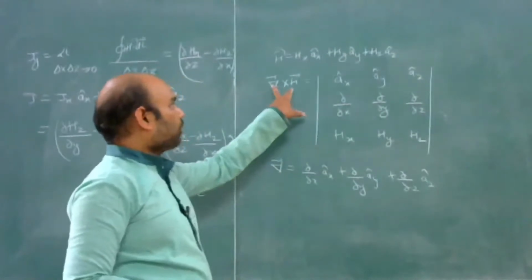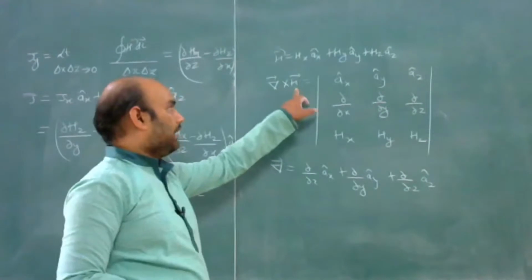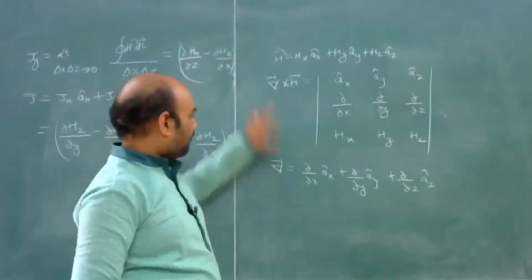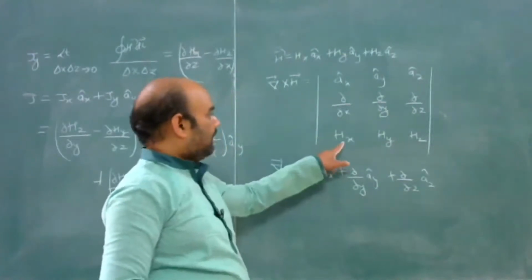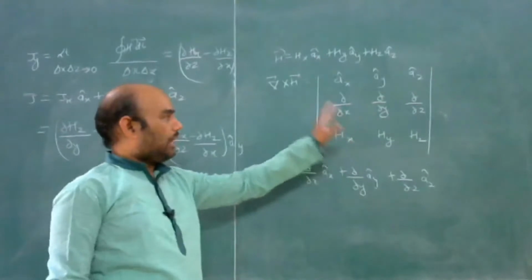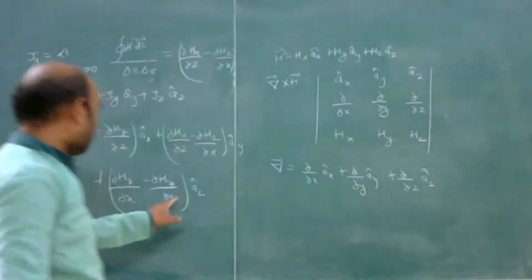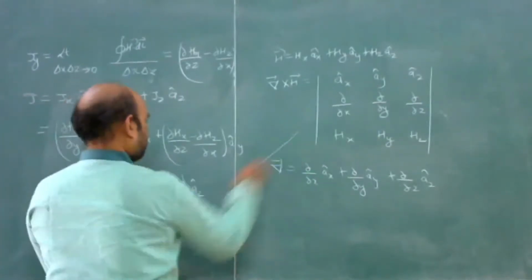If you take the cross product of these two and elaborate this matrix, you will get the same result.